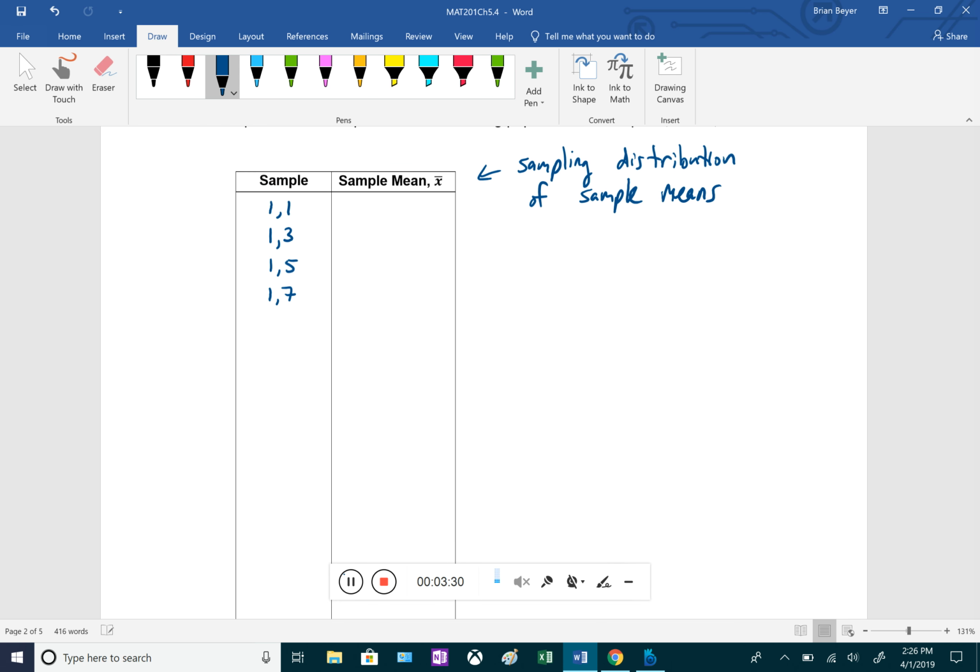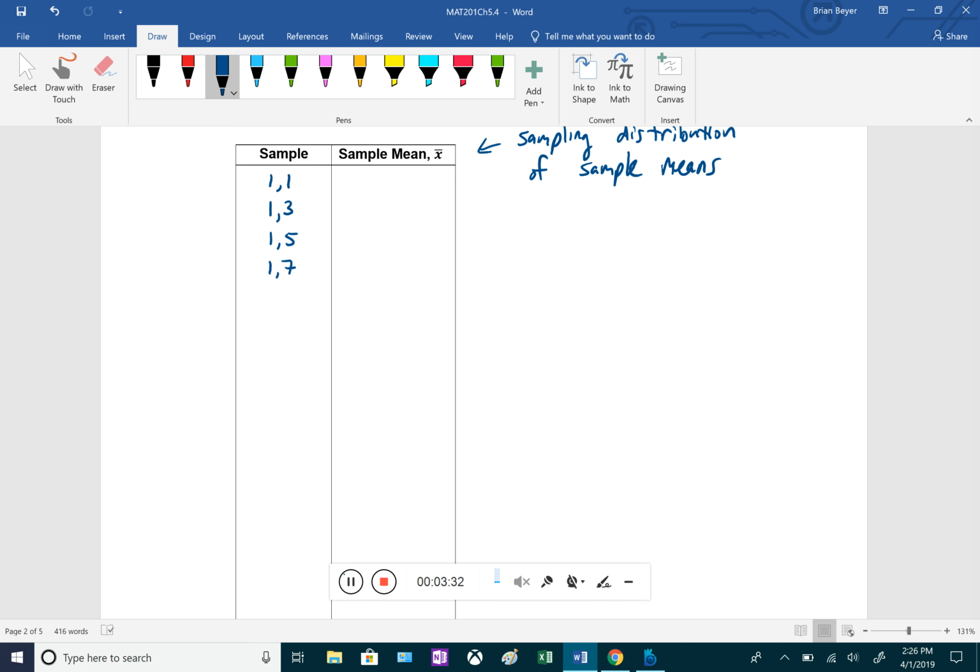Next, we could pull out a 3, put it back, pull out a 1; 3 and 3; 3 and a 5; and then 3 and a 7.